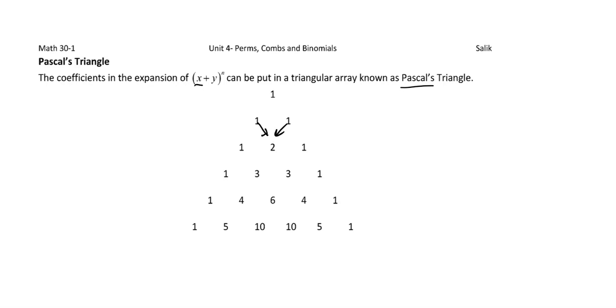And that same little pattern happens everywhere. 1 plus 2 is 3. 2 plus 1 is 3. And even if I jump down here, that's the same thing. 4 and 6 give me 10. So you guys see the pattern that's starting to emerge there?